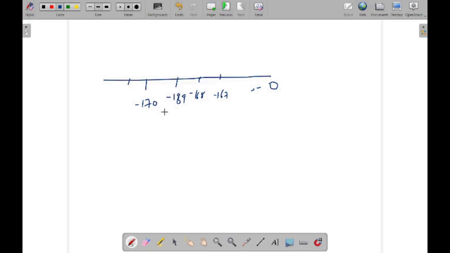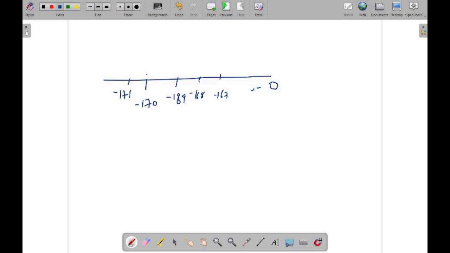Here you have minus 171, which is also less than this but not greater than minus 170.31.